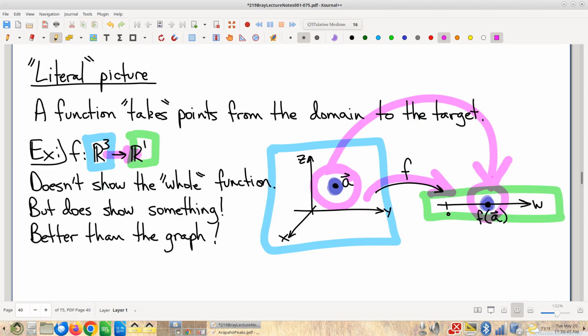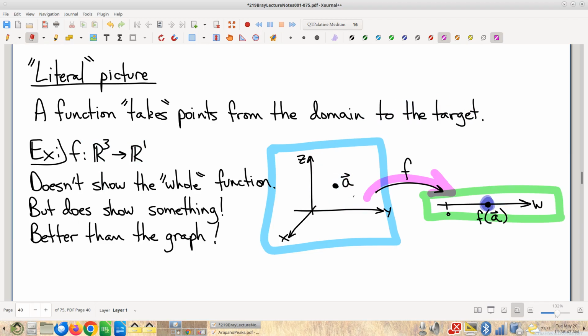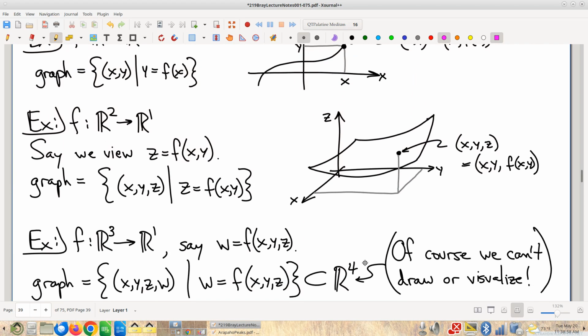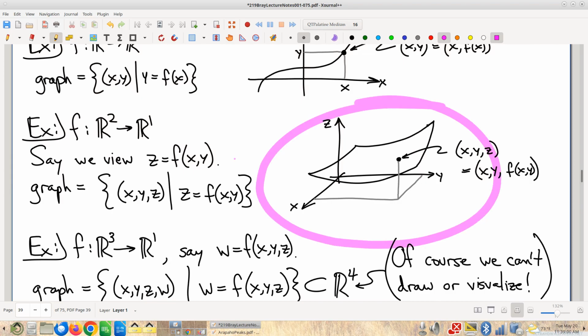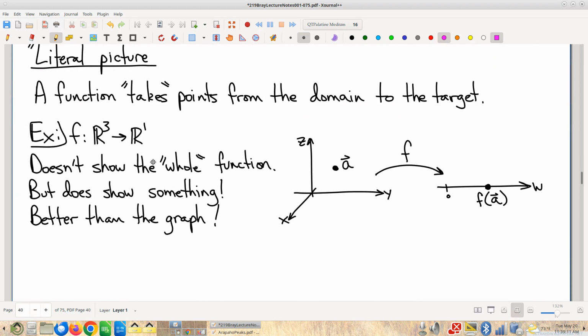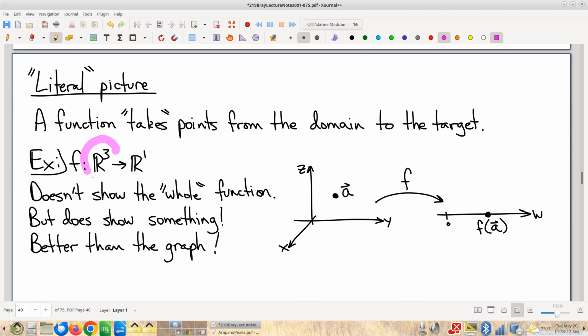But let me point out, while you might be thinking, yeah, I like graphs much better, that is an apples and oranges comparison. You're probably comparing this picture with this picture here. Well, no fair. This picture is for a function from R2 to R1. This is a picture of a function from R3 to R1.